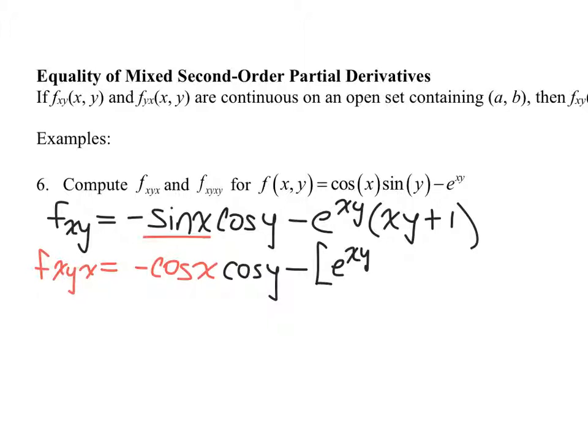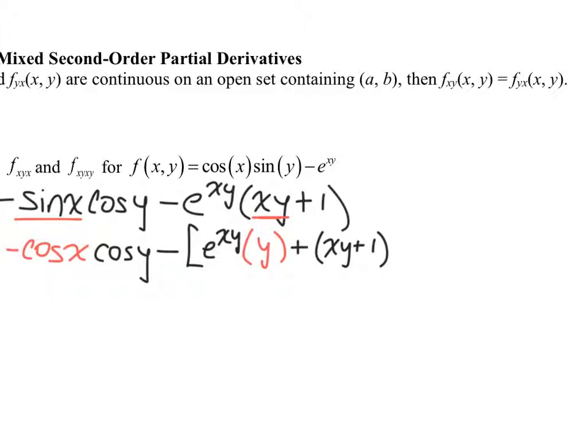All right, so really it's just this piece that I need to take the derivative of, which is just going to be y, plus the second, xy plus 1 times the derivative of the first, so e to the xy.